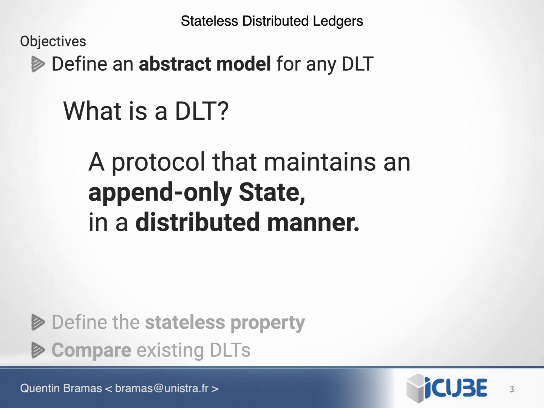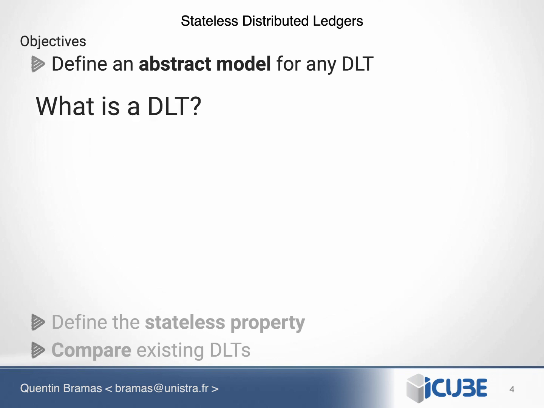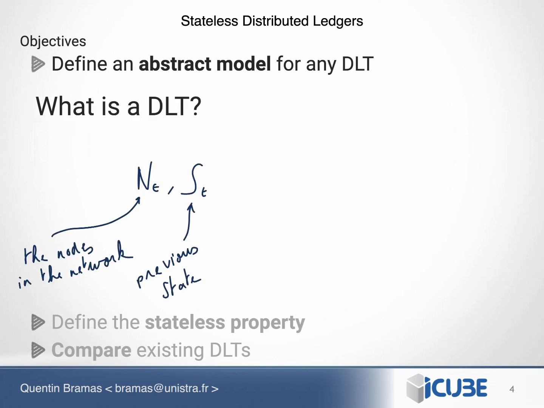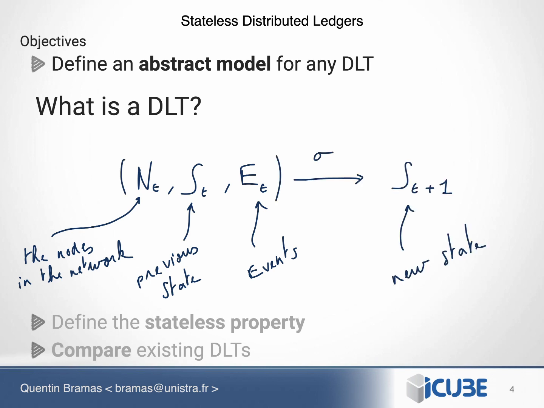In a very abstract manner, we can consider that there is a function taking the current network, the current state, and a set of events, and creates from that a new state. We can consider that this is done every time the DLT appends data to the state. So the time slot corresponds to the time when data is appended to the state.